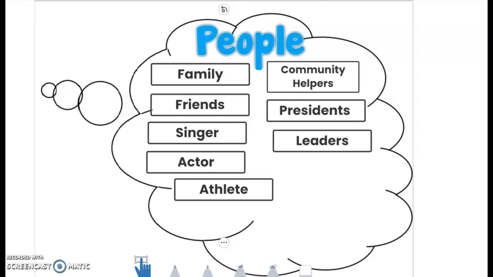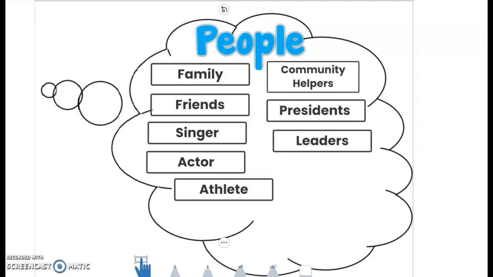Instead of just writing the topic like presidents, you could actually write their name. Like under family, I could write my sister's name, Christy. I know a lot about my sister. I could write about her. I have a friend named Lauren. I could put her name. So you can write lists of people or you can actually write their names. Okay? Try to think of true people, real people that you either know or know a lot about.